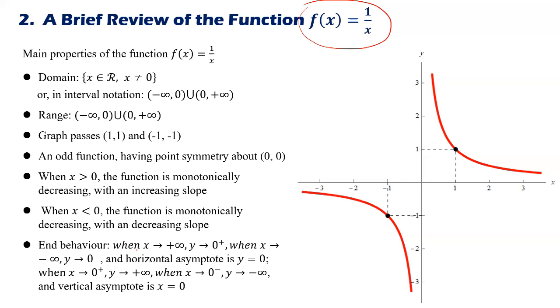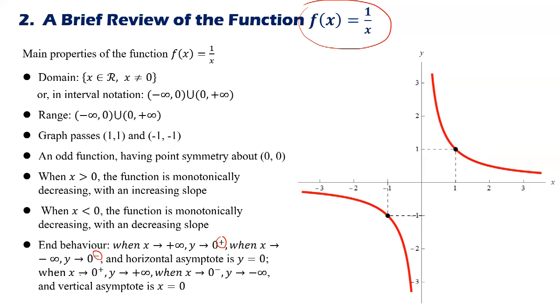Okay, and behavior. When x approaches positive infinity, y approaches 0 from the positive side. When x approaches negative infinity, y approaches 0 from the negative side, right? And the horizontal asymptote is y equals 0. That means the x-axis is its horizontal asymptote, right?